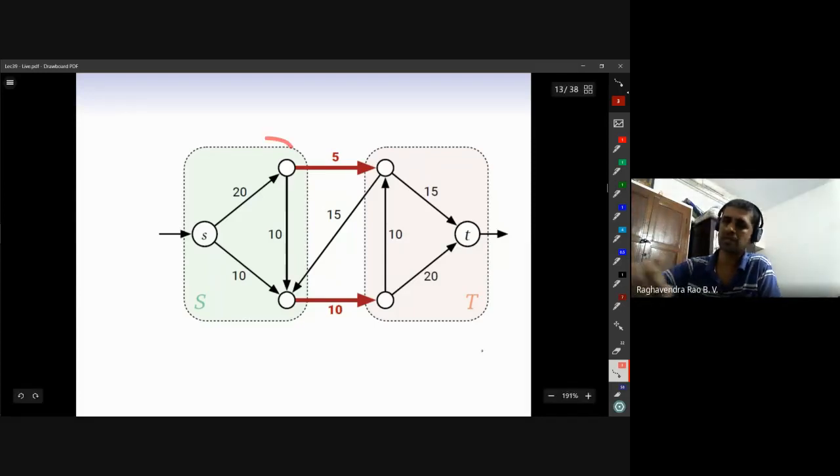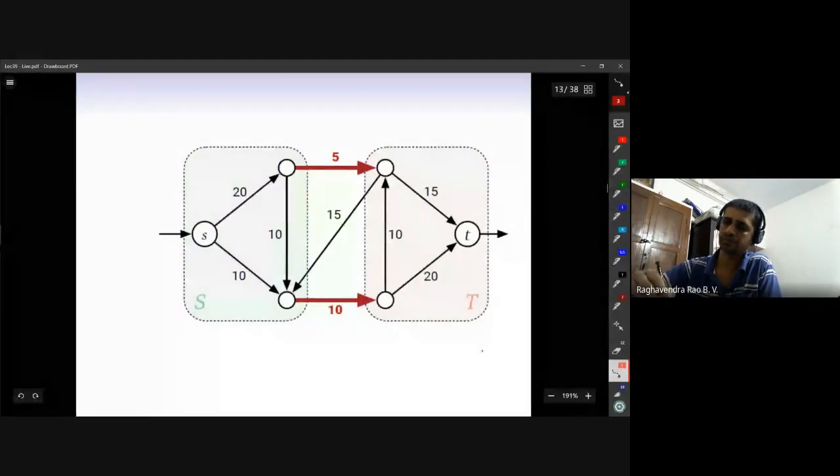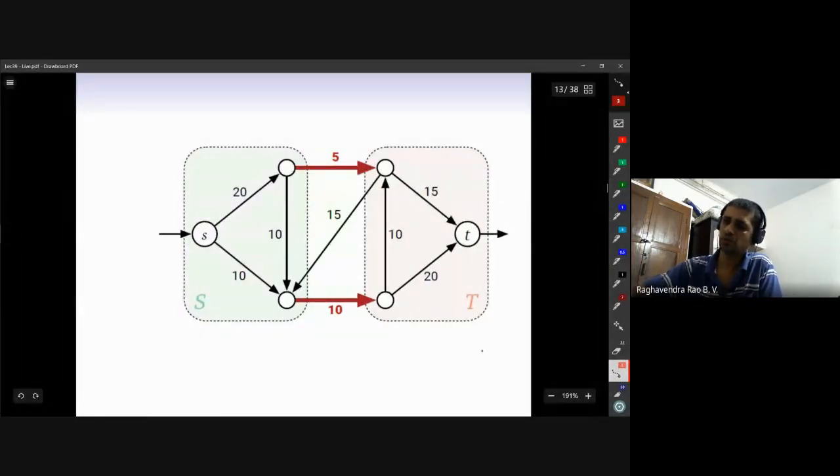So these three vertices as S and these three as T. Then for the value of the cut, you look at all edges that go from S to T. There are only two such edges. You look at their capacities and take their sum. So the capacity of this S to T cut is 15.